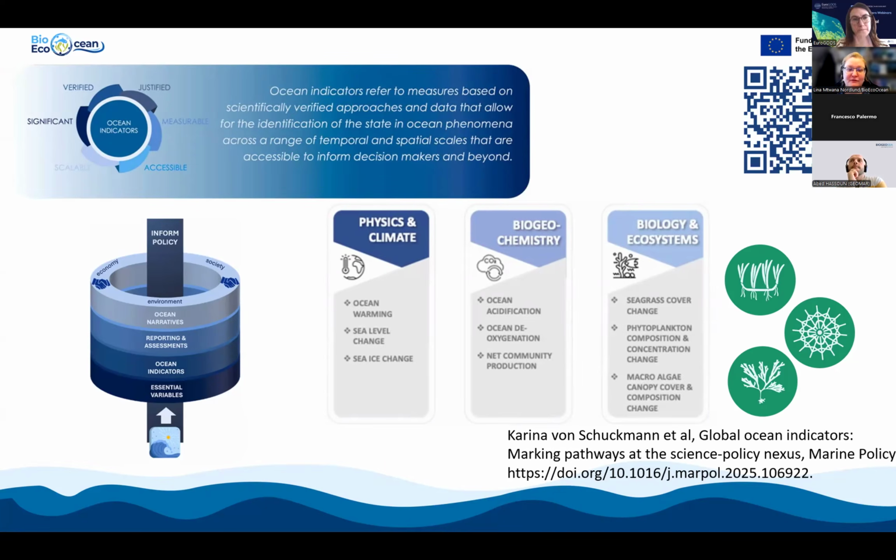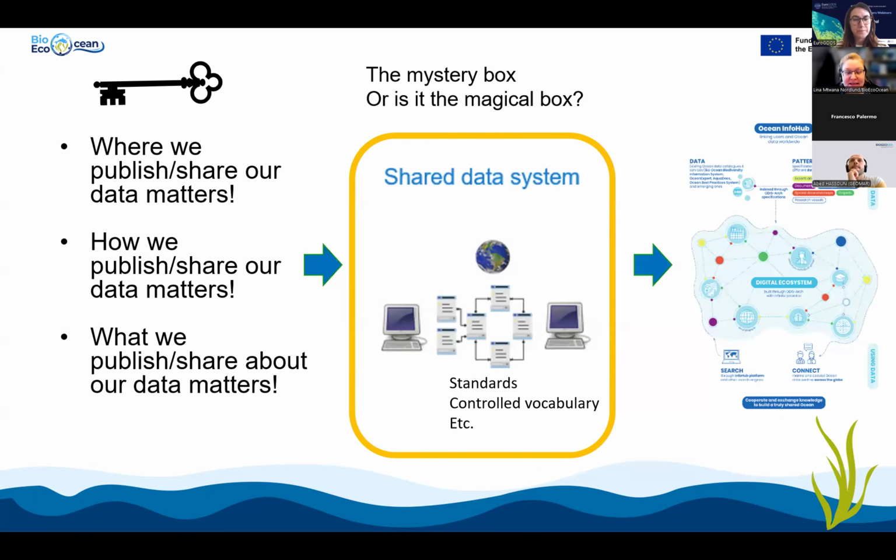So if we want to make indicators, if we want to really advance the digital twin of the ocean, we have to be quite mindful about where we publish our data, how we publish it, and what we publish, so the data becomes available following FAIR data principles and contributes to this global digital ecosystem.